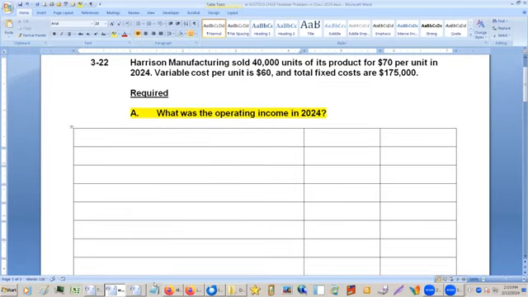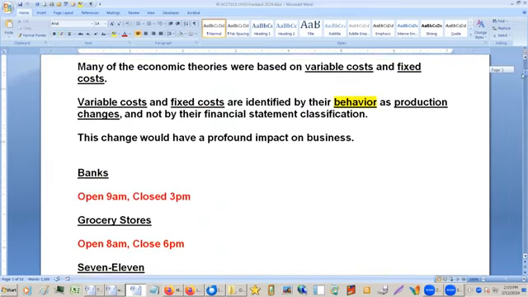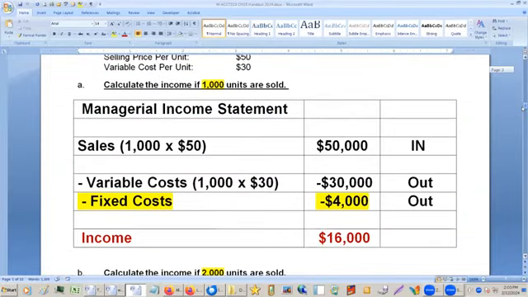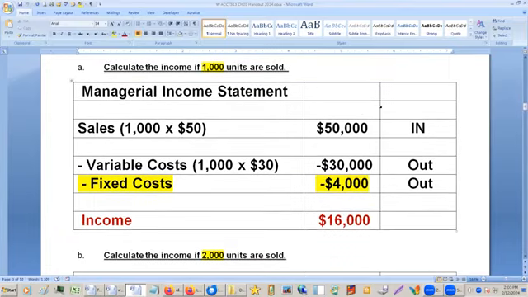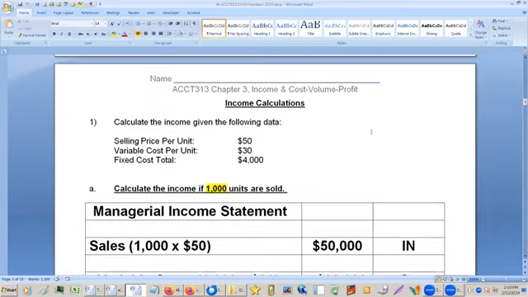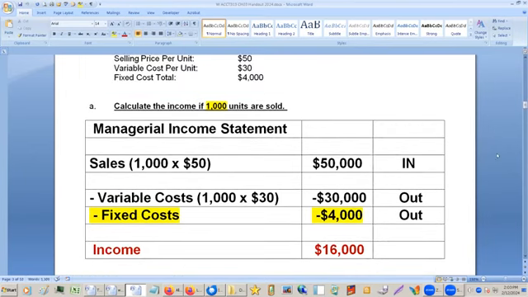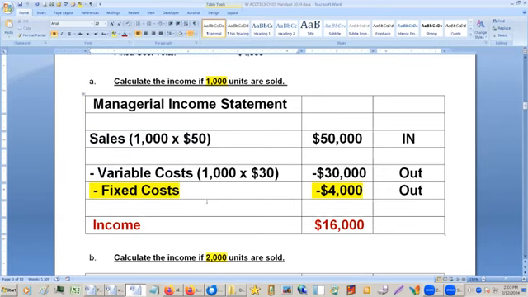Okay, so what we're going to do is go back to our Chapter 3 handout, and this is what we're going to look at for the first one, our income calculations. So we're going to have our sales, price minus variable cost minus fixed cost equals our income.